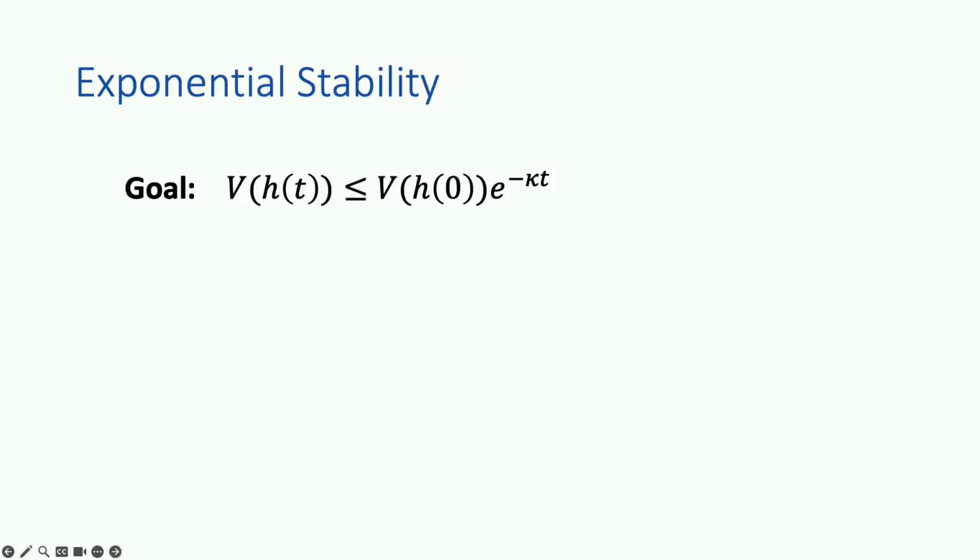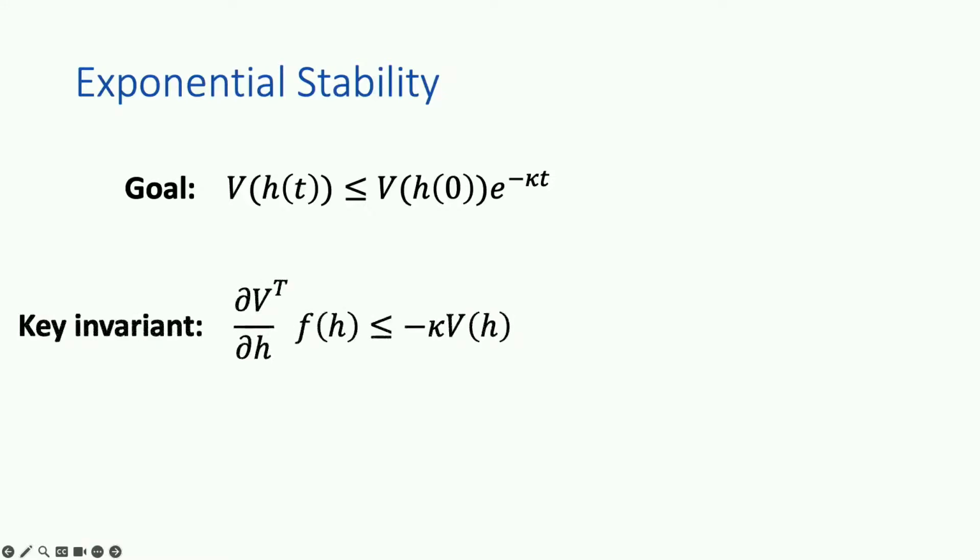So this is just a quick one-slide intro to exponential stability in the context of control theory. Exponential stability basically says that as I evolve my ODE in time, where time is indexed by little t, I want this potential function to decrease exponentially quickly with respect to the initial potential value. If we set the potential function to be the training loss, that means I want my training loss to decrease exponentially quickly as I integrate forward in time.